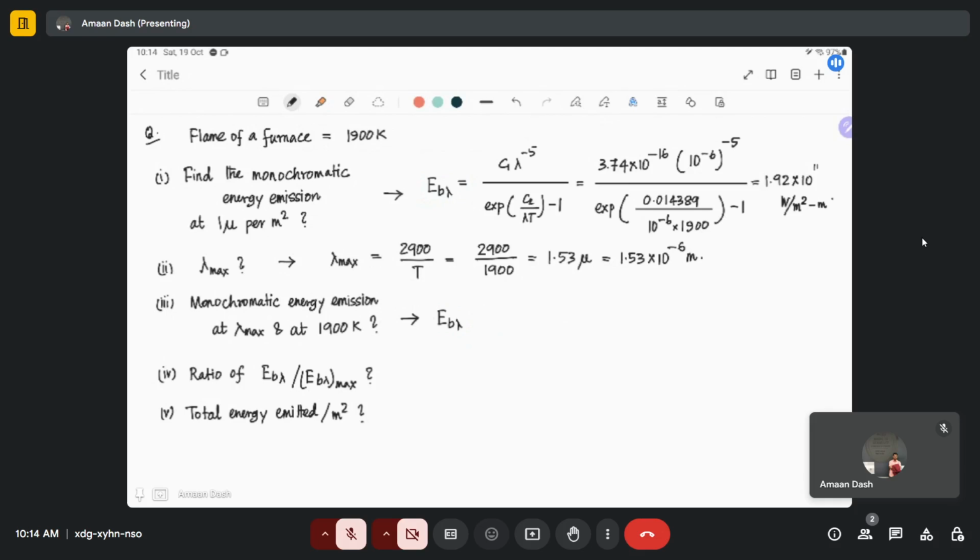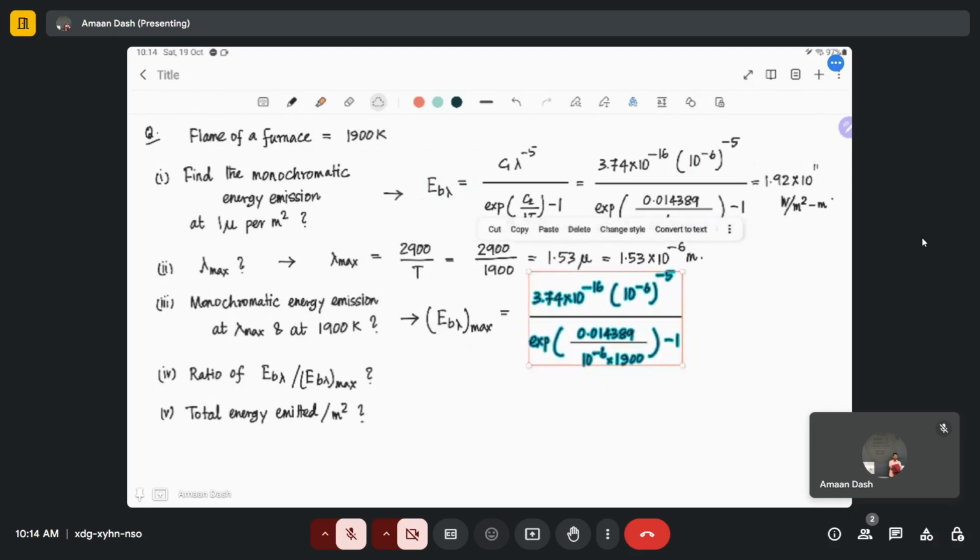So we will have E_b lambda max, and we can use the same expression that we have here, but instead of lambda we will be changing it to lambda max.